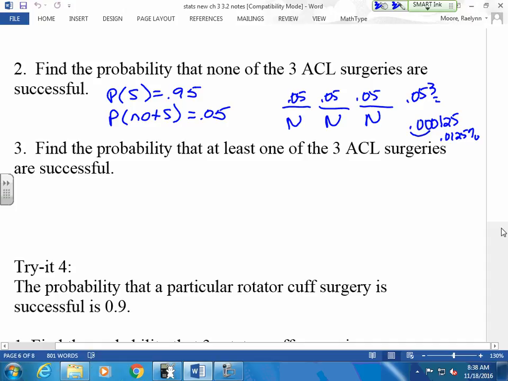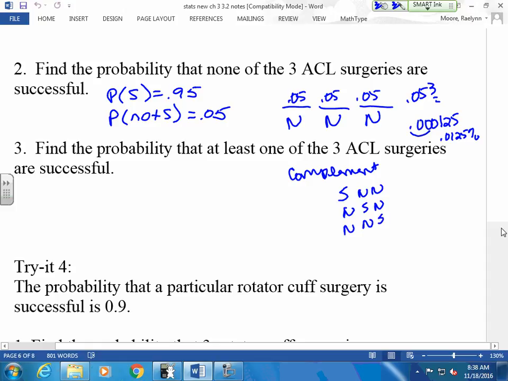Okay, now here's your complement case. I want you to pay attention to this one. Find the probability that at least one of the 3 will be successful. So what cannot happen? I can have my first one successful. I can have my second one successful. I can have my third one successful.